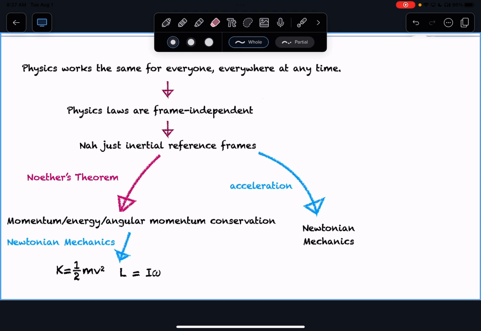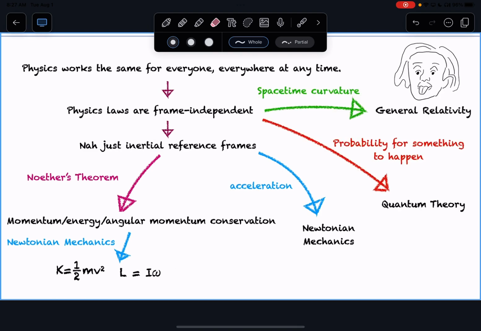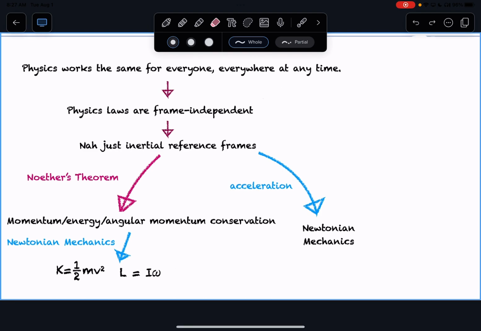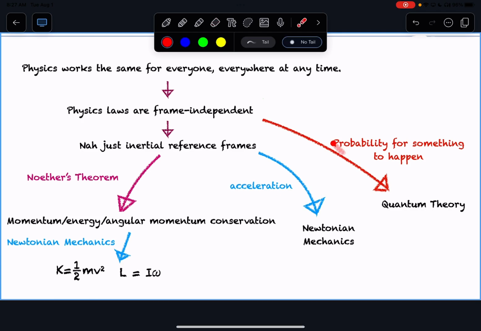another famous physics law is called quantum theory. The way that quantum theory approaches this problem is by looking at the probability for something to happen. The probability for something to happen is the same for everyone, anywhere, anytime.